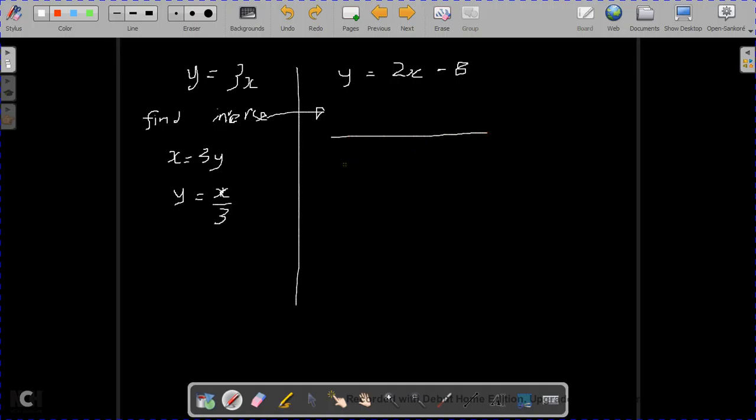Okay, so first step is interchange x and y. So x equals 2y take 8. Next step is rearrange so we get y the subject. So plus 8 and then divide by 2.